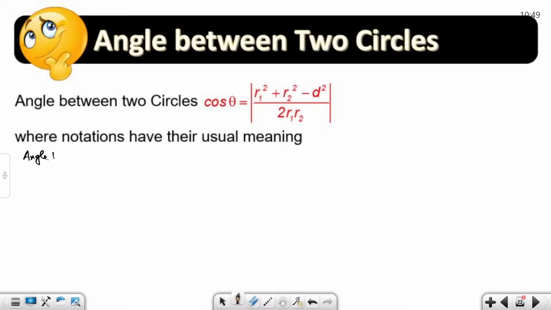So angle between, I'm writing it in a general way so that you can understand. In the general case, you will simply plug into the circle, you are going to have the same thing.